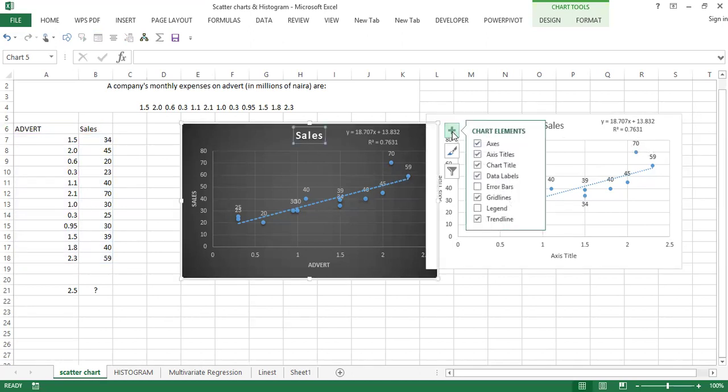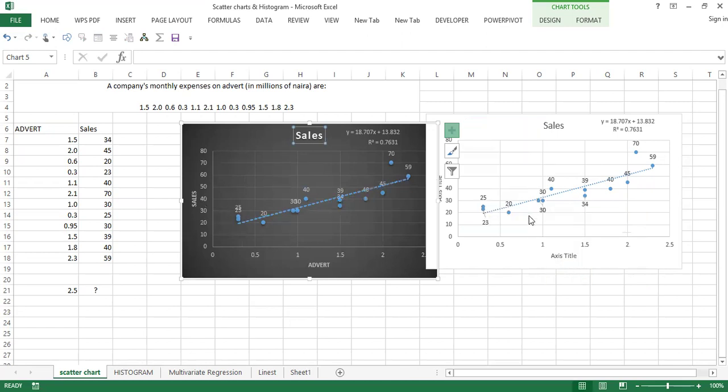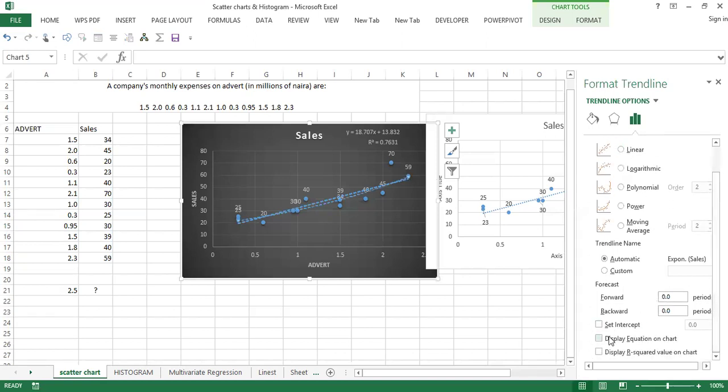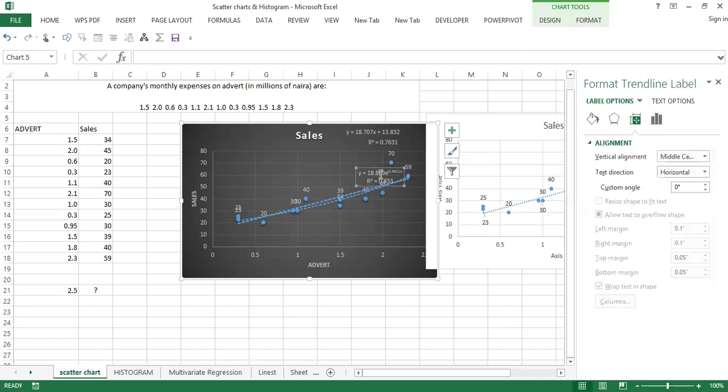Let's see what happens when we use exponential. If you use exponential, we display the equation for the exponential and R squared.